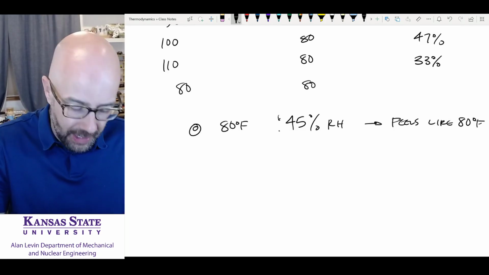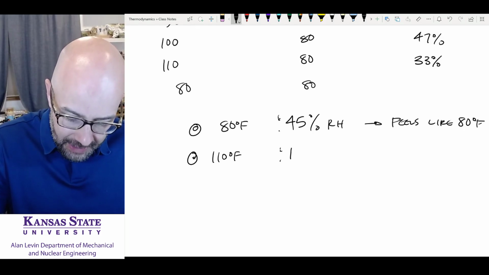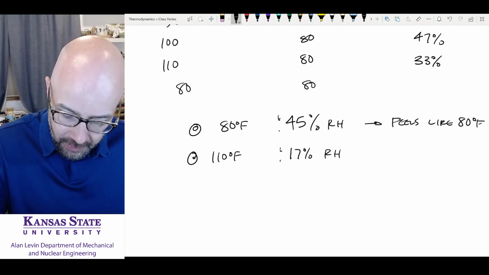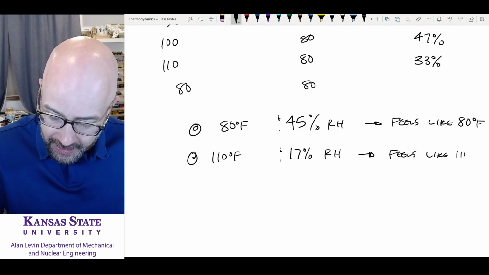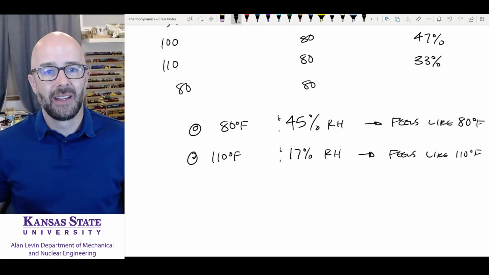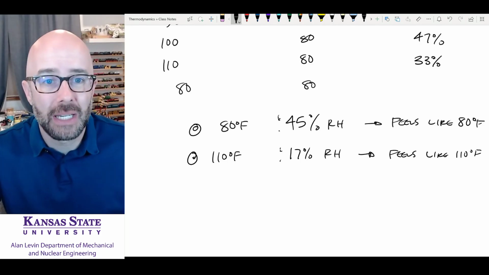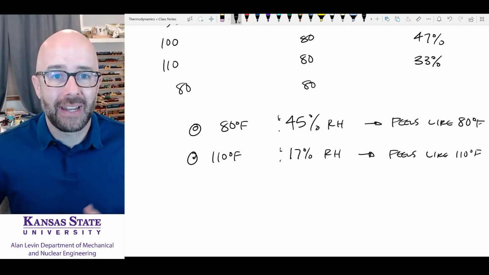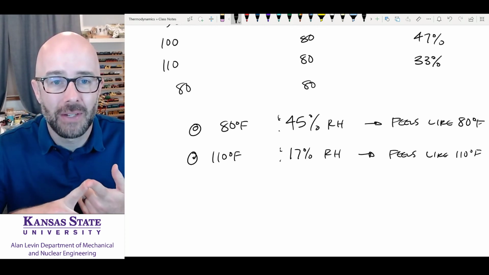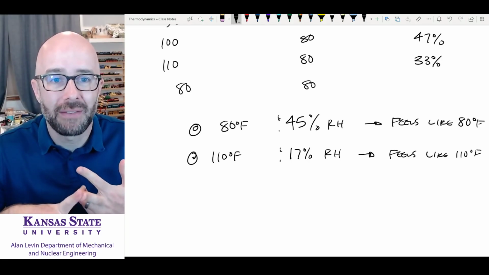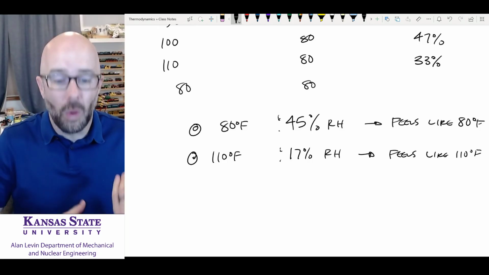But at 110 degrees Fahrenheit and 17% relative humidity, it feels like 110 degrees Fahrenheit. So the hotter it is, the lower the relative humidity needs to be for it to feel like the actual temperature. If you're in a house right now, the house is probably trying to keep with air conditioning about 75 degrees. We try to keep it between 45 and 50 relative humidity because then it's going to feel like 75 degrees. It's not going to feel hotter or colder than that.